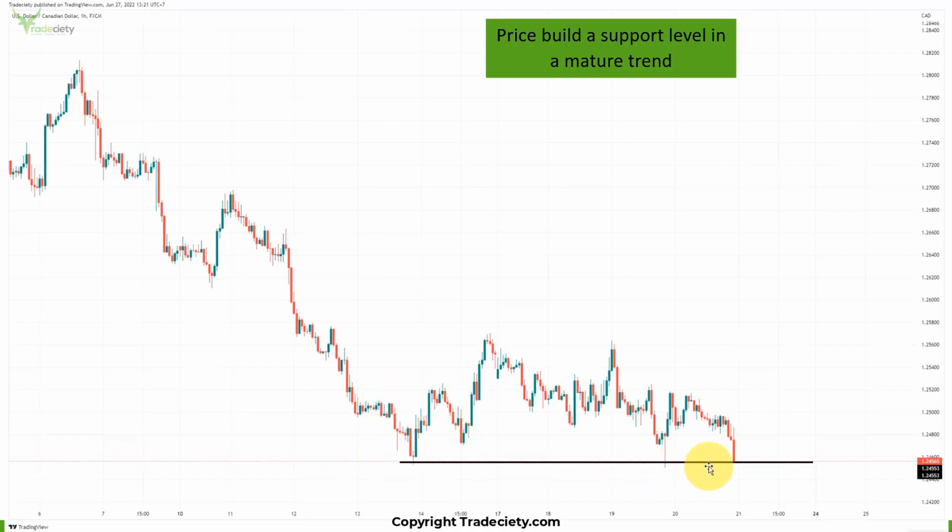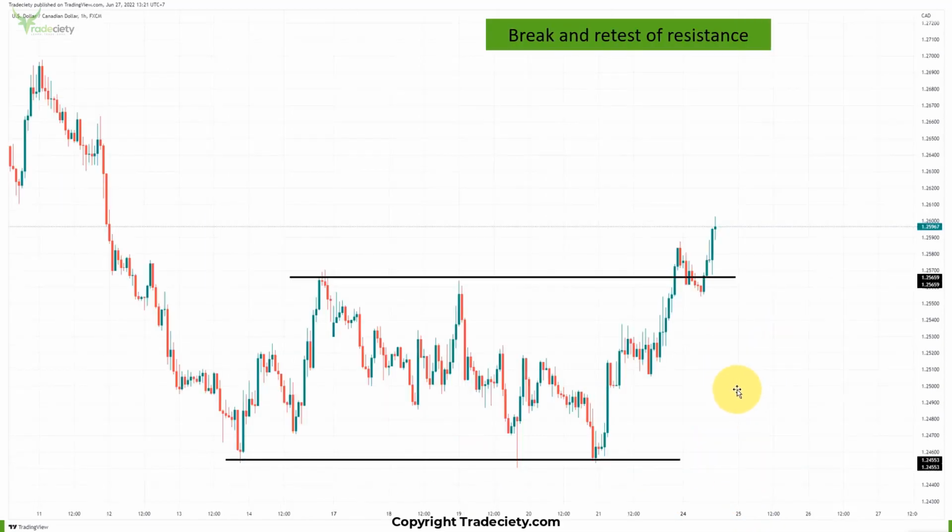And at this point, this would now indicate there is not as much chance that we could break to the downside. So the chances of actually this support holding and the market moving higher is a little bit greater. And you can see we bounced off the level higher, and what we did is actually quite the opposite. We broke the resistance that was established here. You can see we have a turning point here.